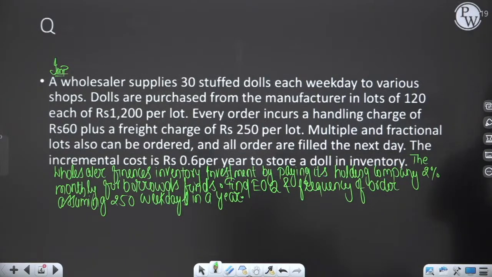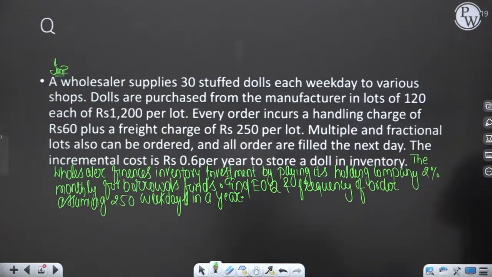I will give you 3 more minutes. Within 3 minutes, please tell me the economic order quantity. A lot of students are there, and at least I want one answer from you.